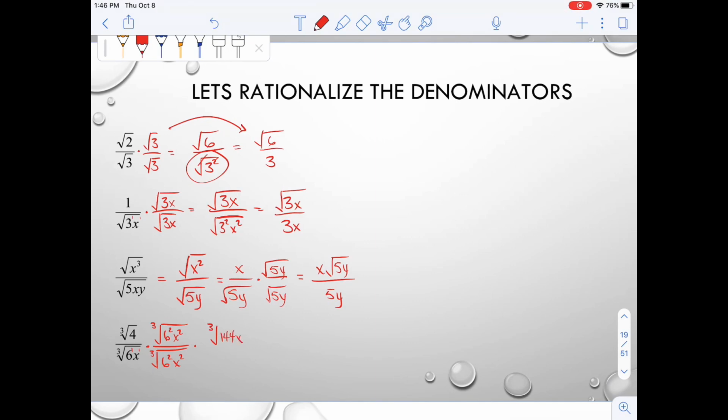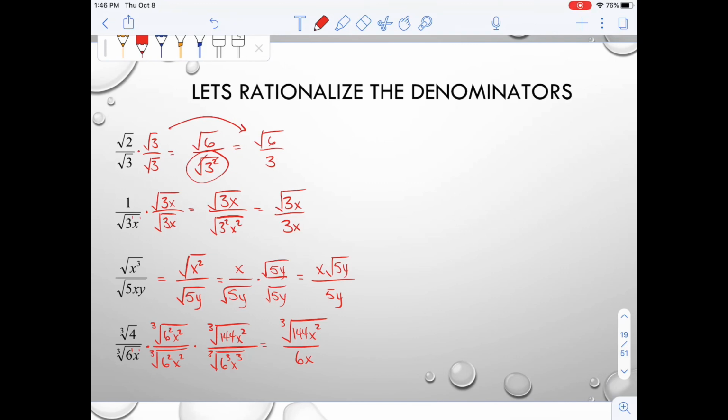So I'm going to have a cube root of 144 x squared divided by a cube root of 6 cubed x cubed, which is exactly what I want. 6 cubed x cubed is going to simplify simply to 6x. Now, in my numerator, I need to ask myself, I have a 144. Does 144 have any factors that are perfect cubes?